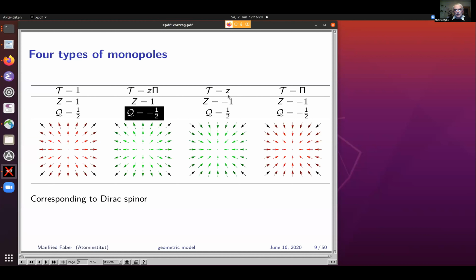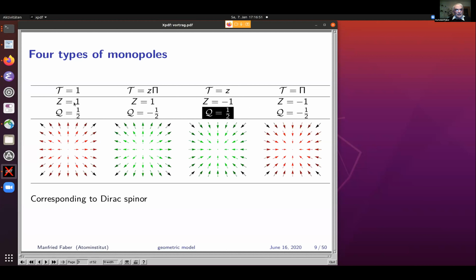So if I do only C, only the charge conjugation transformation, I go from the northern hemisphere here to the southern hemisphere, and I reflect the vectors. So this is electric charge -1 and topological charge 1/2.